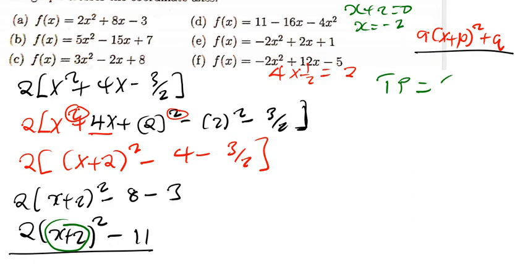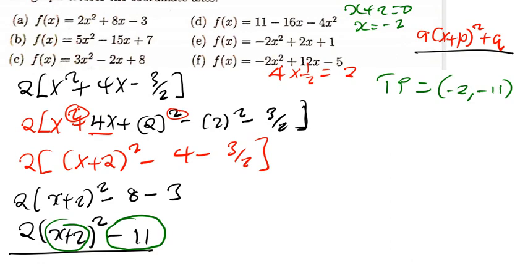That is the x value, comma, the y value is the number as it is, negative 11. So that's my turning point, negative 2 comma negative 11. Now we want to sketch, but we need to find the y and x intercepts.